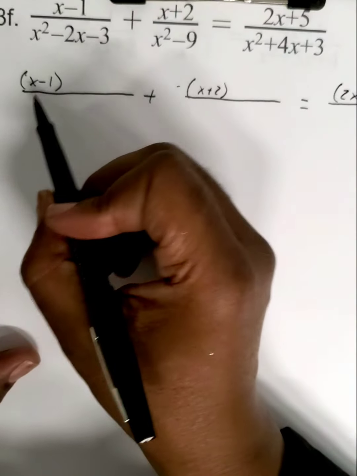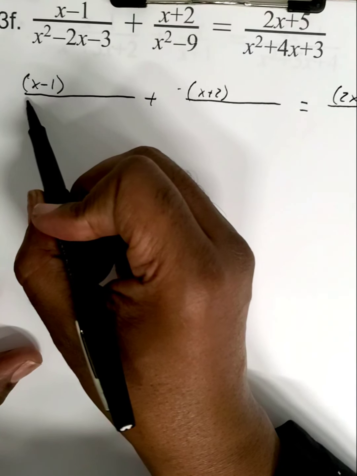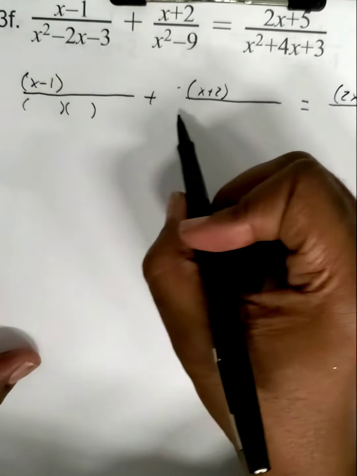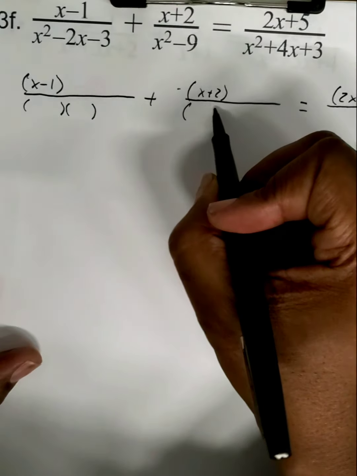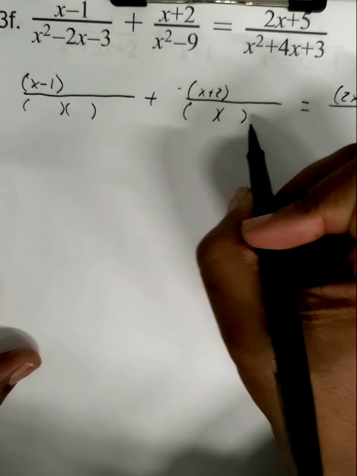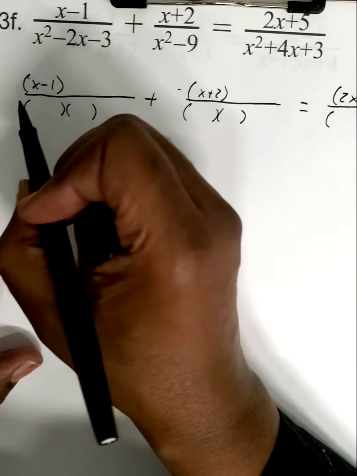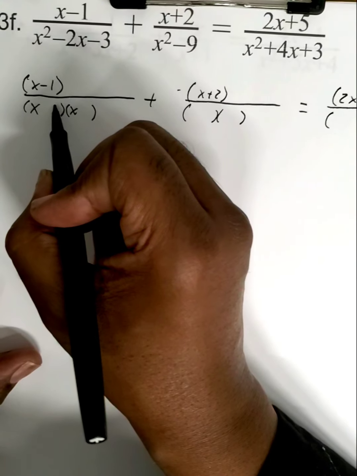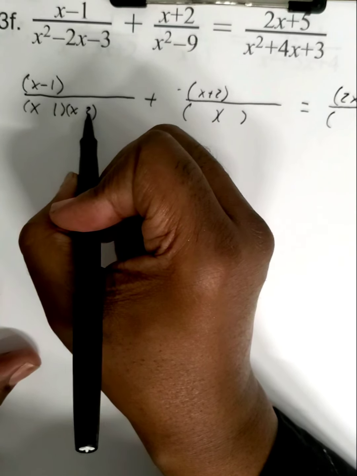All right, now let's start factoring the denominators into, let's see, binomials. Okay, the x squared minus 2x minus 3 factors into x times x, and the 3 factors into a 1 times 3.